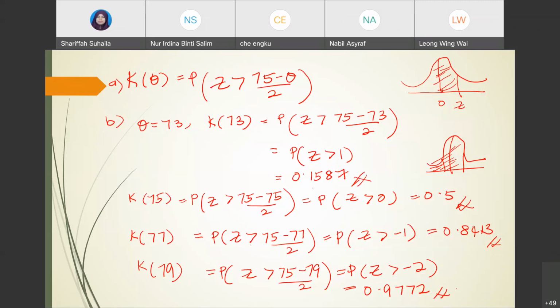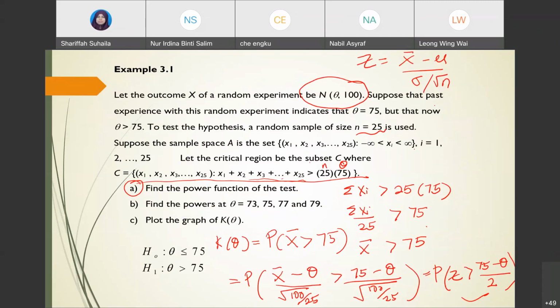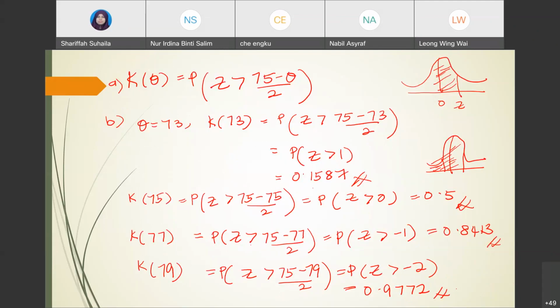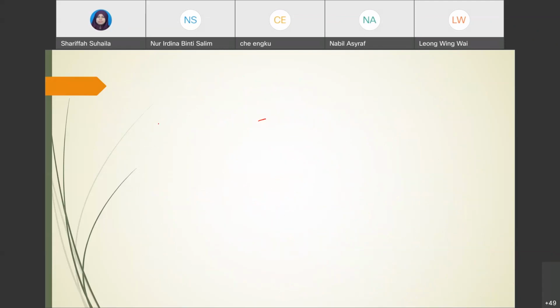The last part asks to plot the graph of K theta. If I plot the graph, it looks roughly like this, with theta 73, 75, 77, 79.